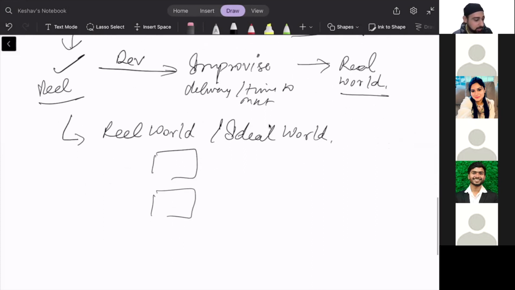Let me take an example: I have to build something similar to what Netflix has. I know it has a lot of other things, but let's say it has three major things: a recommendation engine, a streaming service, and a fraud service.